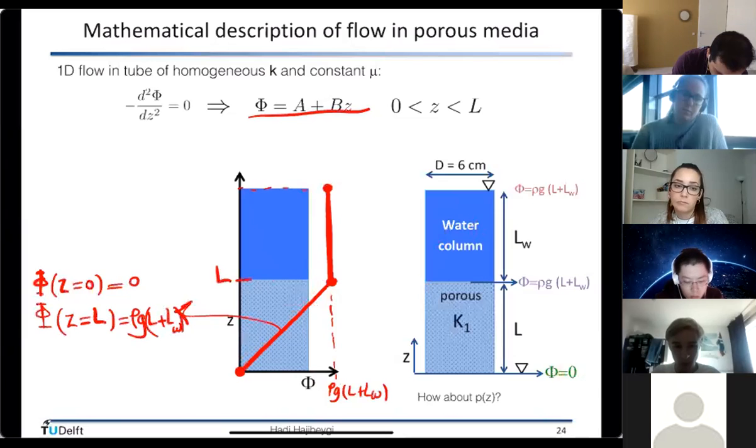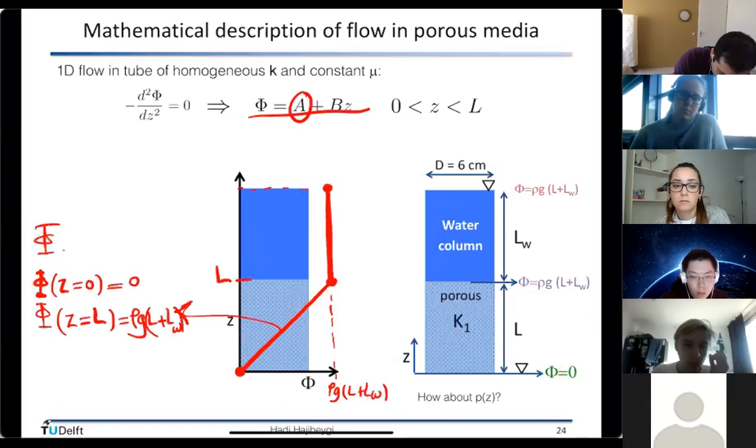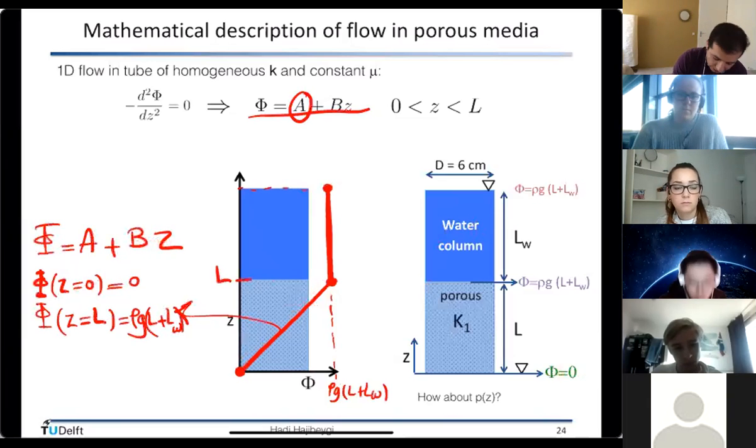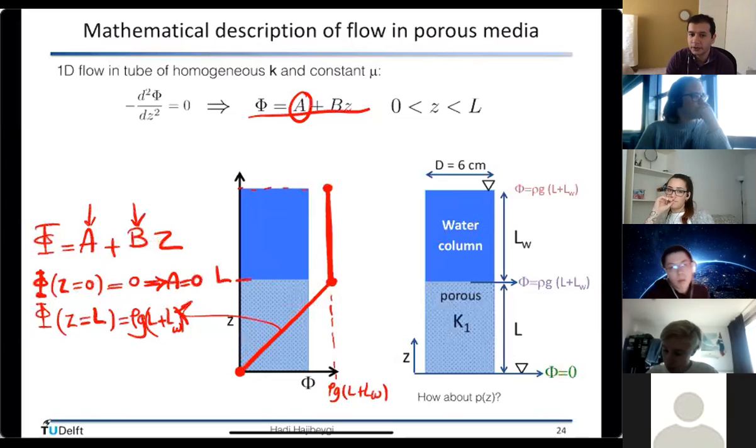When at Z equals 0 the potential is 0, what can we say about A? We know that the line formulation is A plus BZ. When you put Z equals 0, A is the potential, so B times Z should be 0, then A will be 0. We need to find A and B in order to find the line formula.